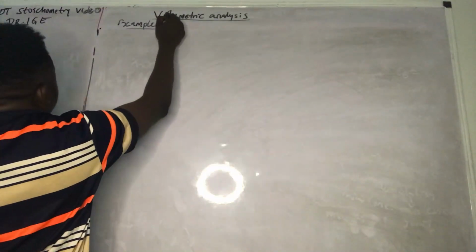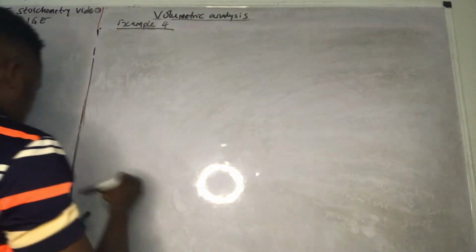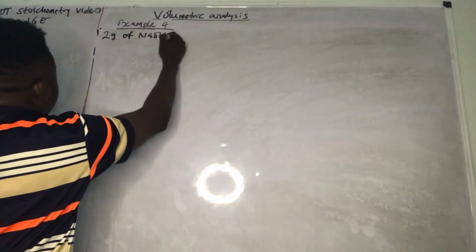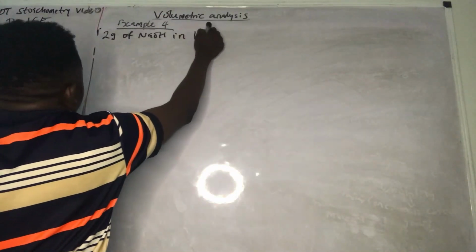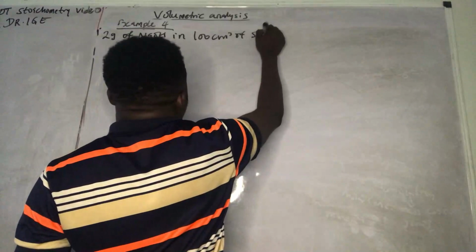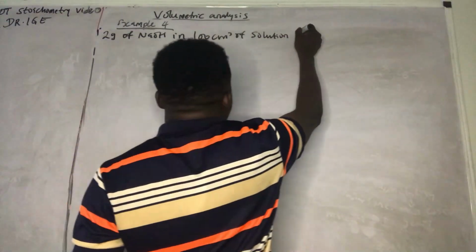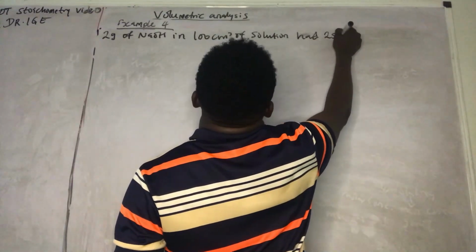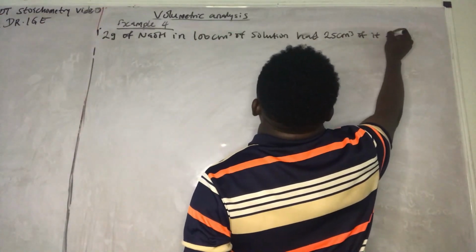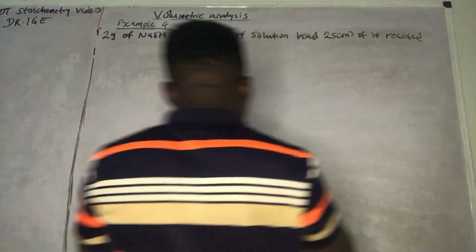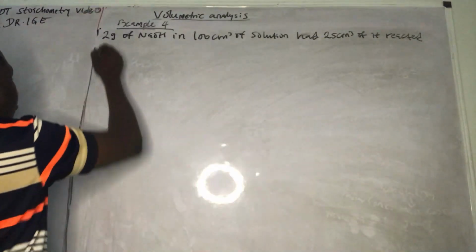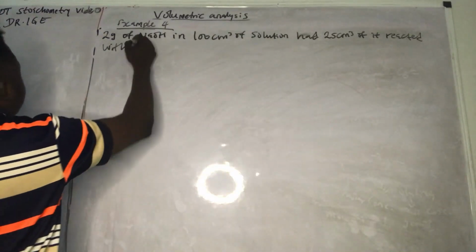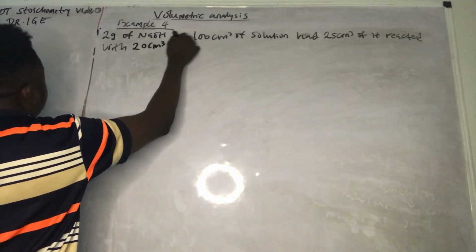Example 4: Two grams of sodium hydroxide in 100 cm³ of solution. 25 cm³ of it reacted with 20 cm³ of HCl.